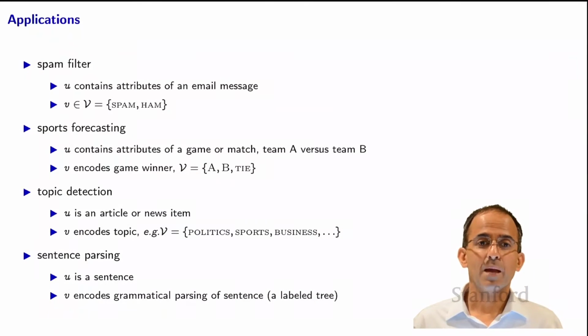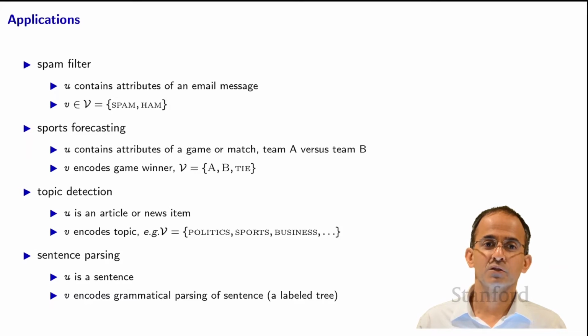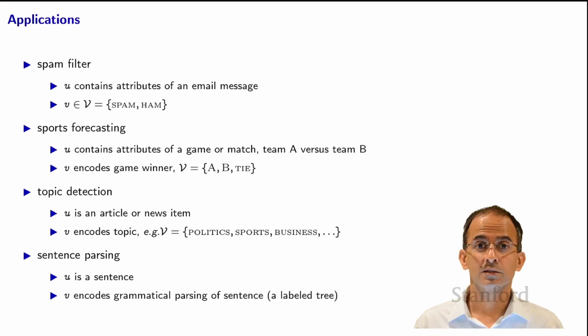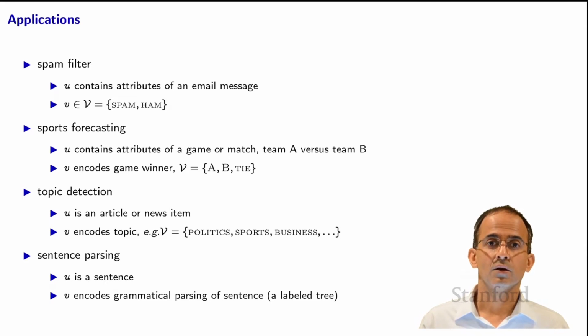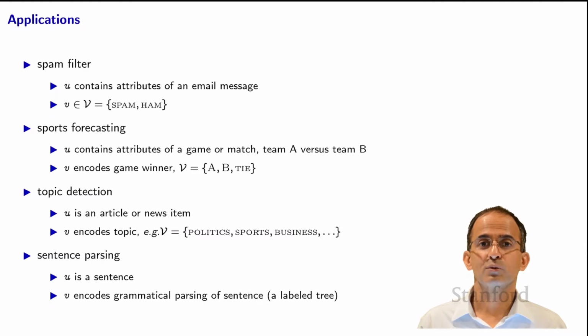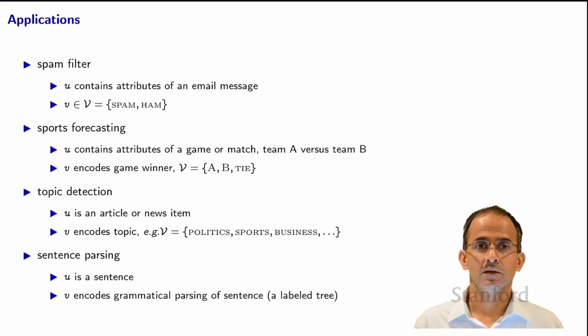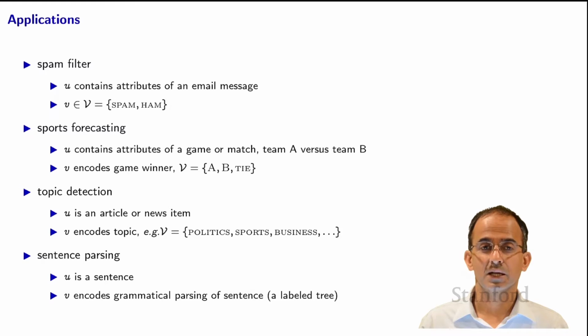Here's another one, spam filtering. This was one of the very first successes of the classification methodologies which we're discussing in this class, where U contains the attributes of a mail message, the from address, the to address, and also a description of the text in the email message, so which words are in the text in particular.